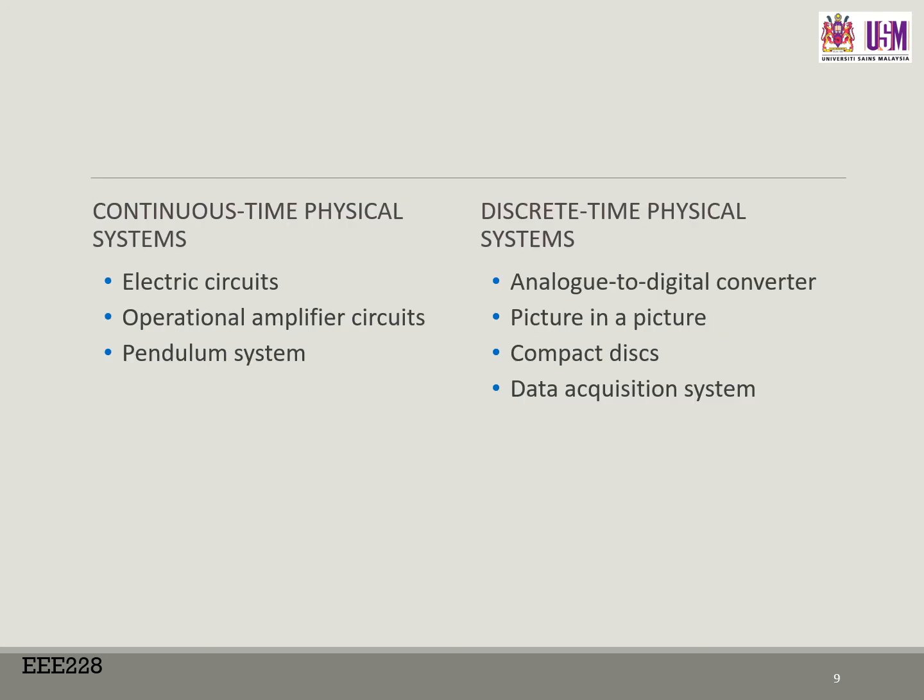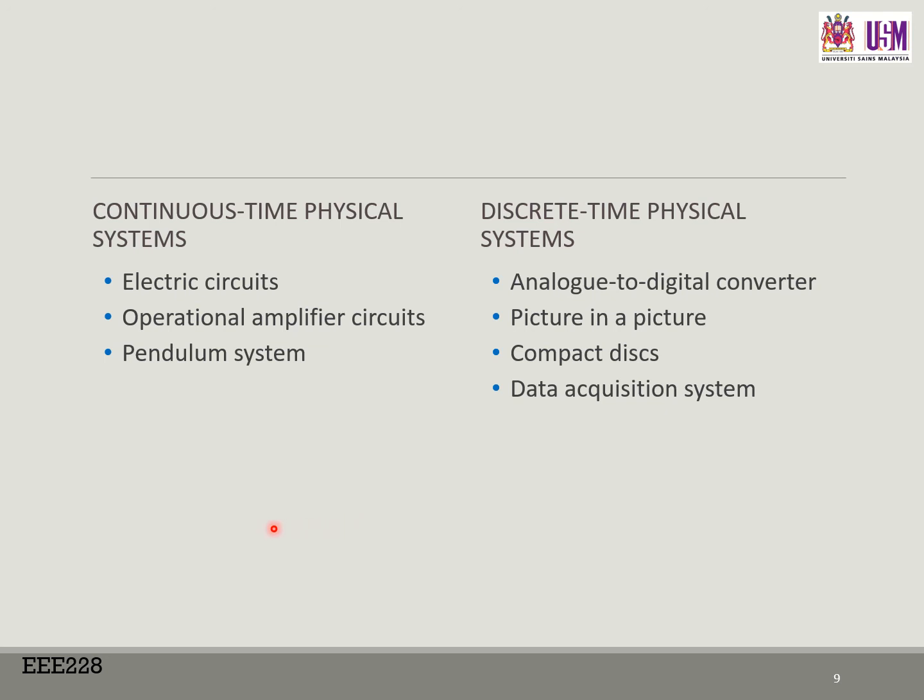Not only that, we will look at continuous time and discrete time signals, we will also look at continuous time and discrete time systems. Some examples of continuous time physical systems are electric circuits, op-amps, and the pendulum system. For discrete time physical systems, we have the analog to digital converter, picture-in-picture, compact disc, and data acquisition system.